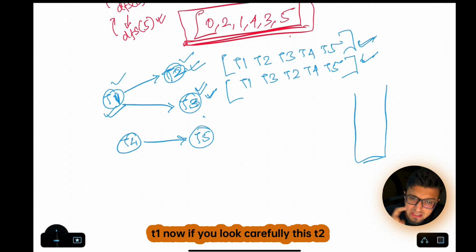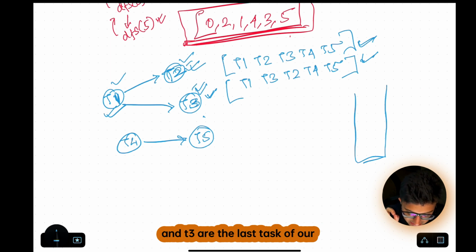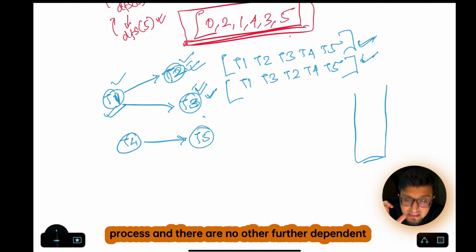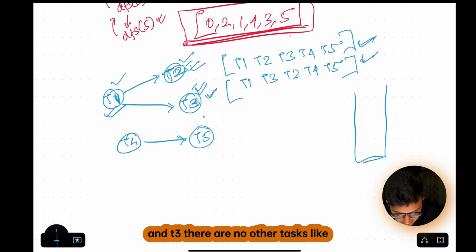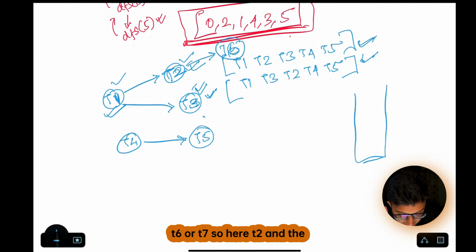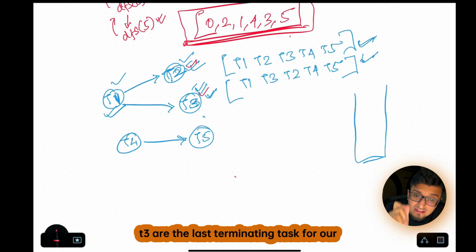Now, if you look carefully, T2 and T3 are the last tasks of our process, and there are no further dependent tasks of T2 and T3, meaning from T2 and T3 there are no other tasks like T6 or T7. So here T2 and T3 are the last terminating tasks for our process.